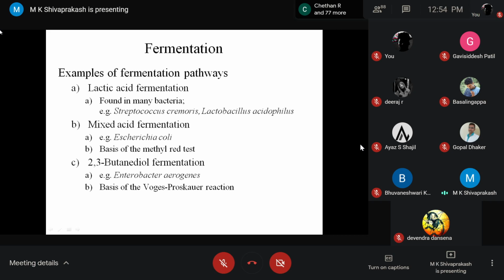The next thing is 2,3-butanediol fermentation. Many organisms like Enterobacter, earlier referred to as Aerobacter aerogenes, now referred to as Enterobacter aerogenes, are known to produce this key compound 2,3-butanediol, which is a neutral product, which is utilized in the MRVP test, in the second part, the Voges-Proskauer reaction.